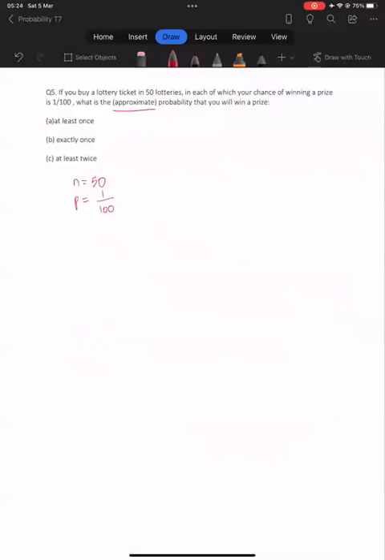Since we know n and p, and we know that lambda, when we approximate from binomial, should be n times p, which is a half. So the probability that we will win a prize at least once is just 1 minus the probability that we never win.